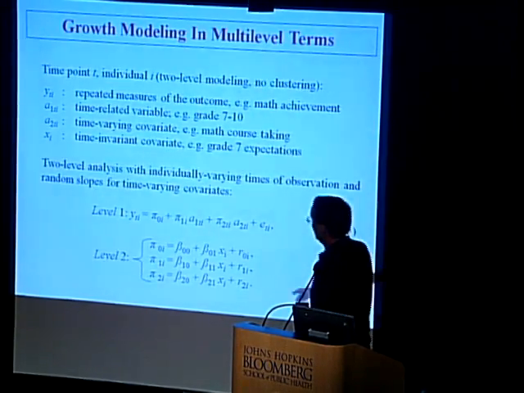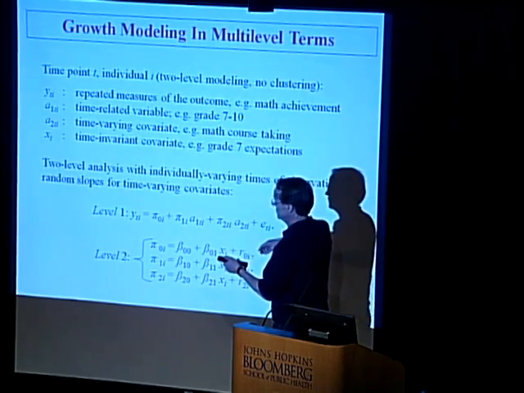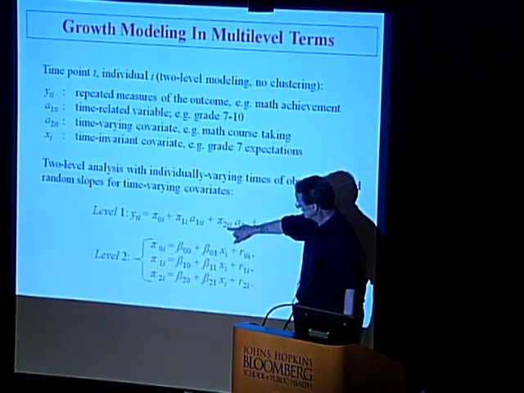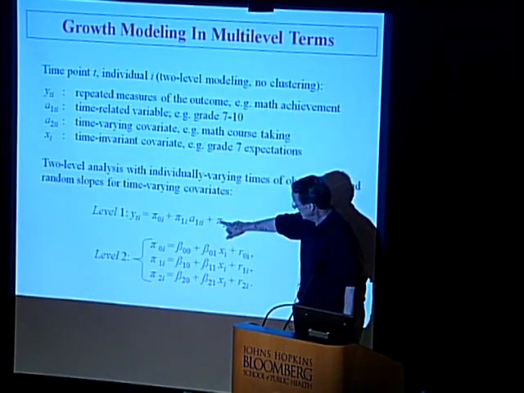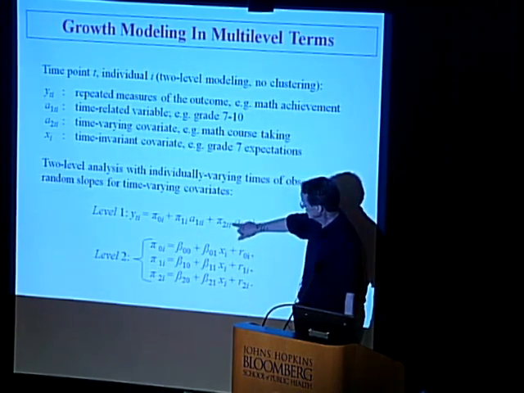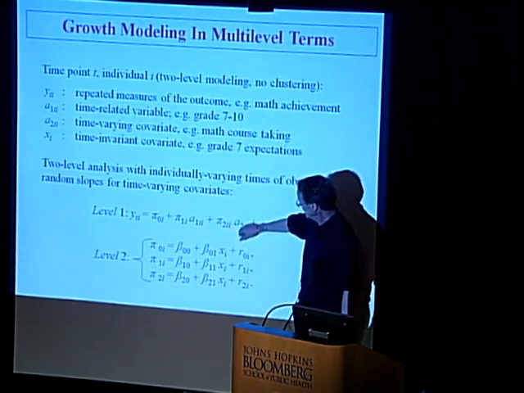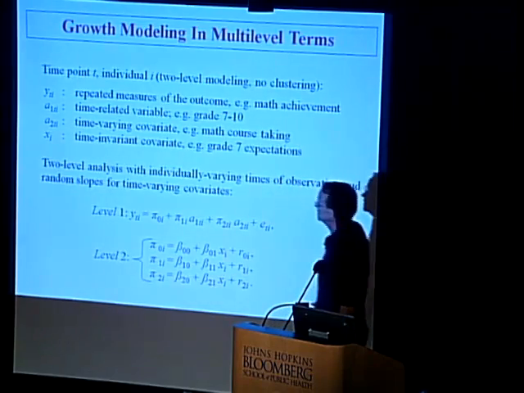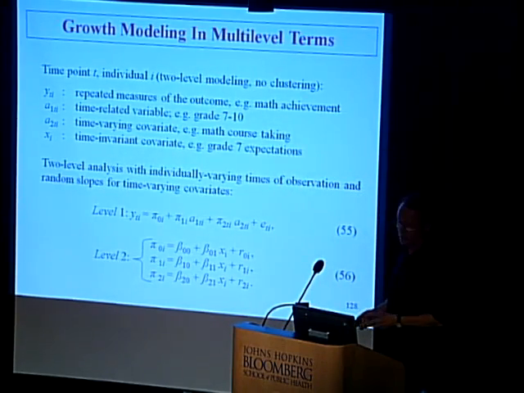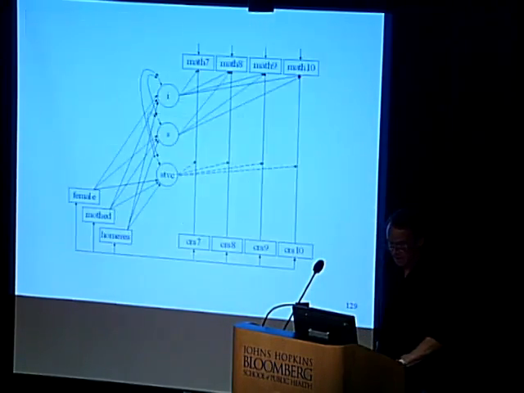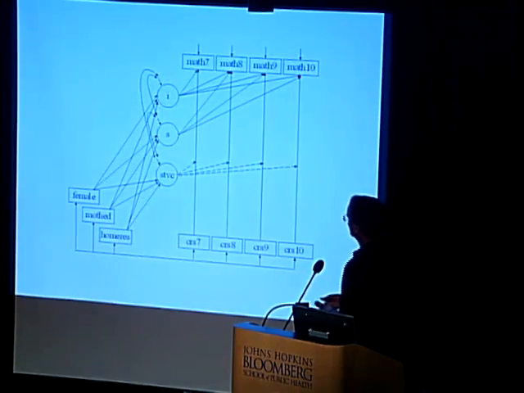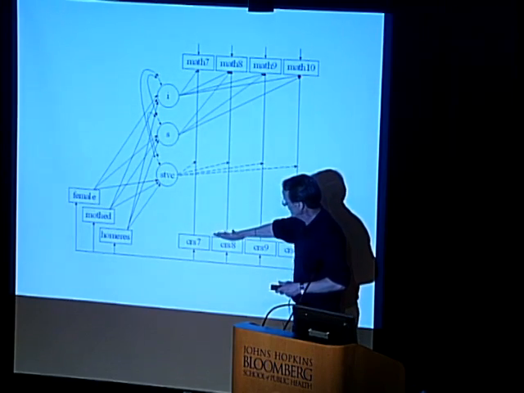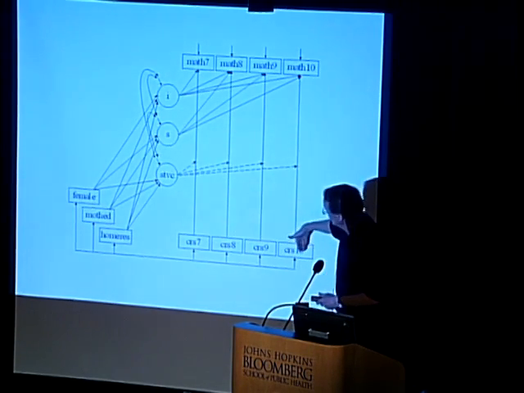If we had done that, then we would have accommodated the subscript t for pi 2, in addition to having accommodated I. But now, the way we've written it, we have dropped t. We're saying that that random effect is the same across the time points. So the individual variation in impact of course taking is the same across these grades, is what we're saying.